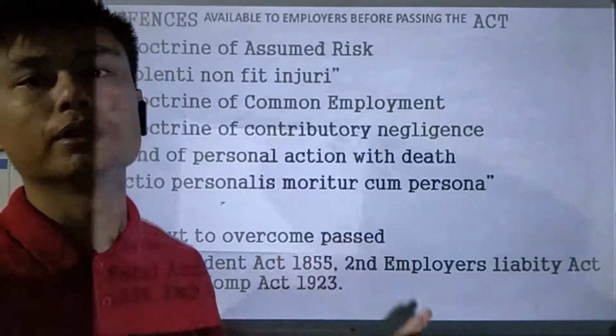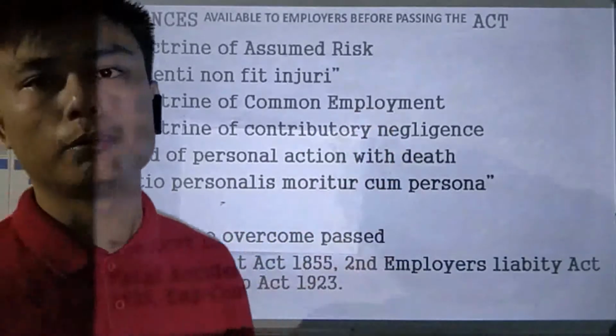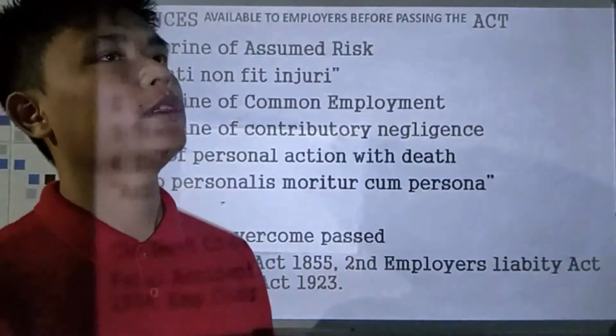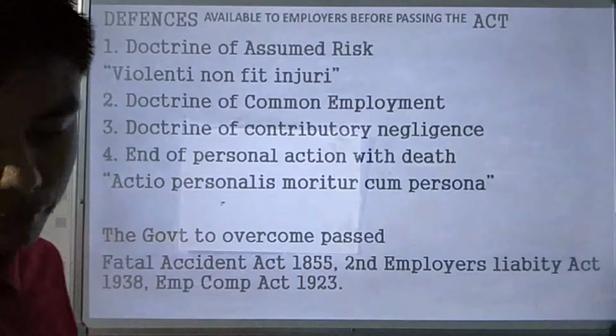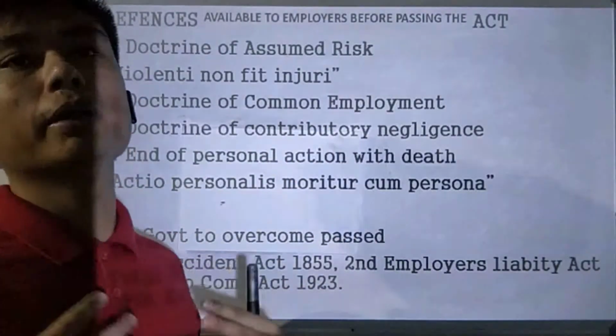Alright? Second, the doctrine of common employment. Common employment in the sense, let's say we are a group of employees and we are working. So what the employer will say is, it was not done by me, it was done by a fellow worker.